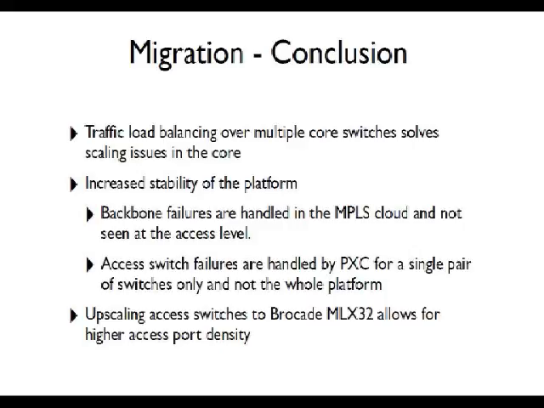Backbone failures, we already had them, and they were perfectly handled by the resilience in the MPLS cloud. And we hope that Foundry or Brocade will provide us with higher density modules to support further growth. But at least our core switch is quite doubled in size.